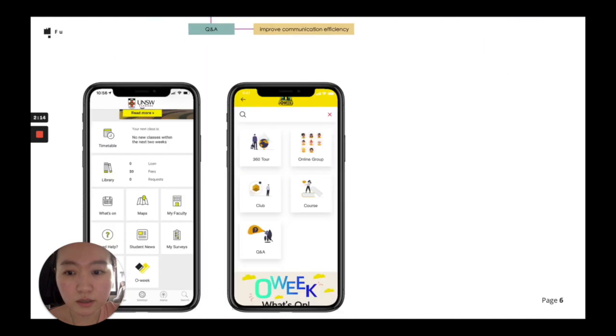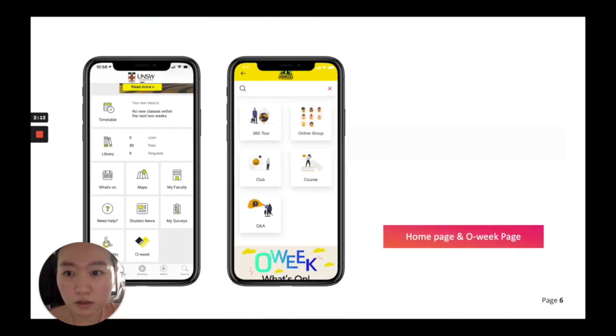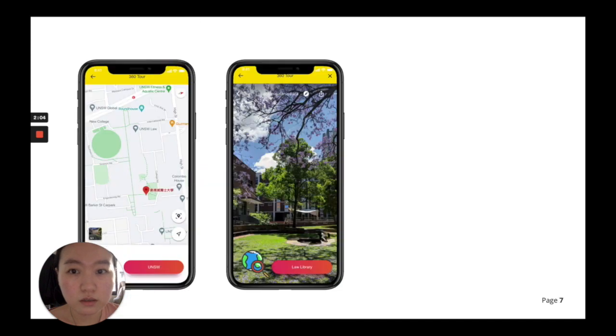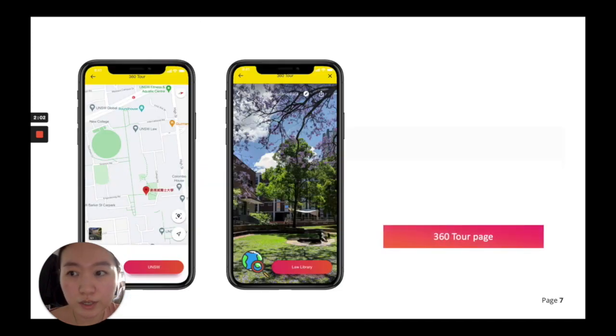We can see this is a homepage about the Universe application, and there are the orientation week function. The first one is 360 tools. Users can use a virtual tool to make a 360-degree virtual tour of the campus, which can help first-year students remotely experience the school's scenario.